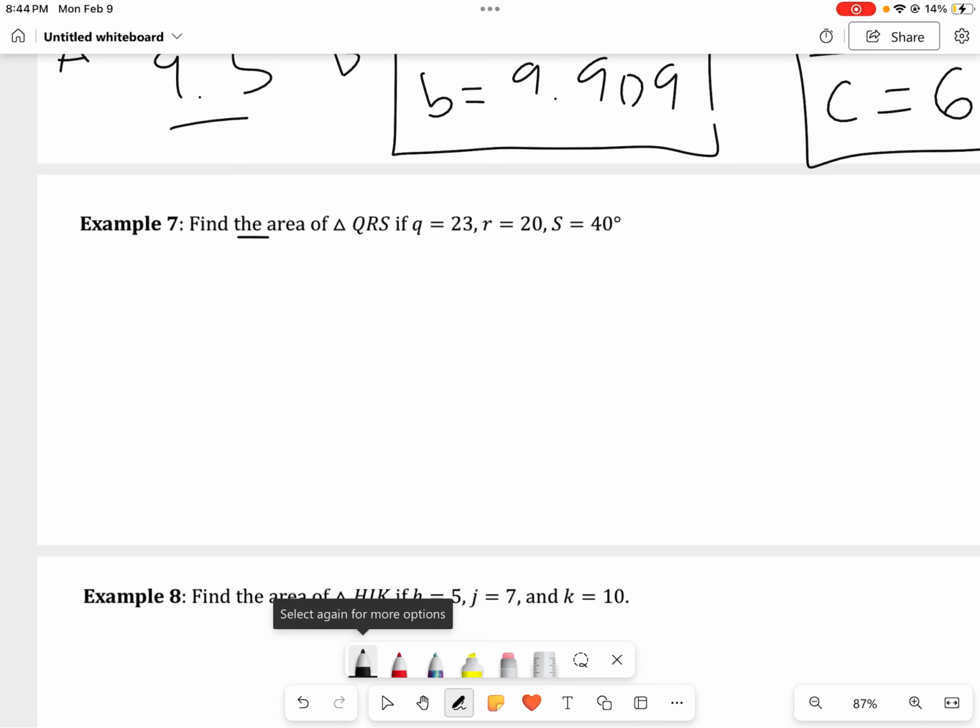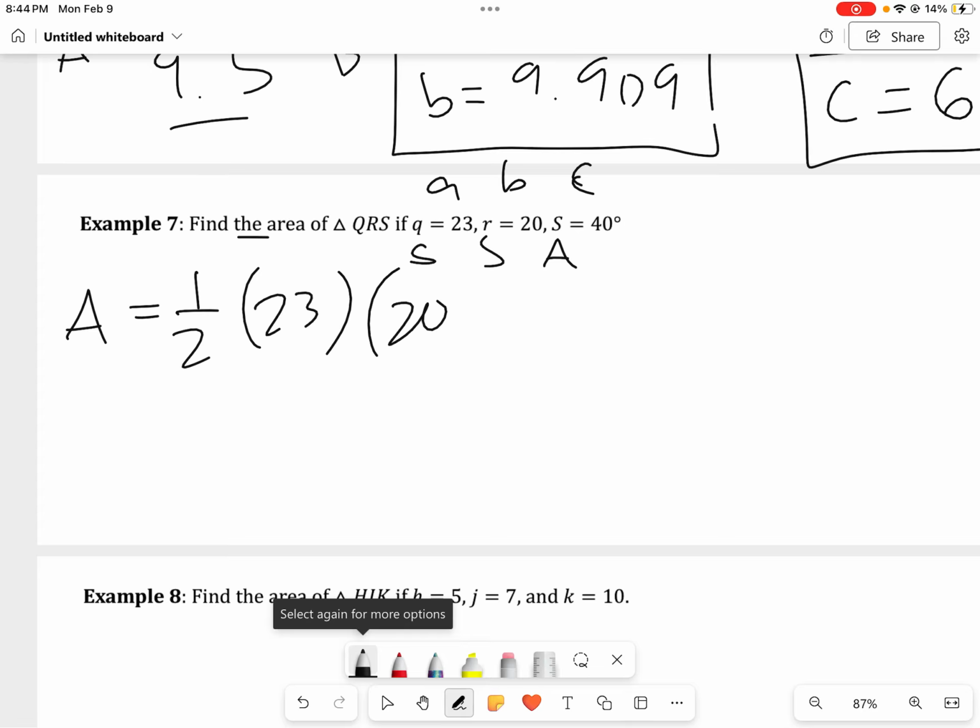And getting on this, when you just plug in the values, let's label this. Okay, so this is a side, this side is an angle. And if you were to draw this, that is an included angle. So this value can be A, this value can be B, this value can be angle C. Okay, so you plug it in. 1/2, A is 23, B is 20, and then you do sine of angle C, which is 40.